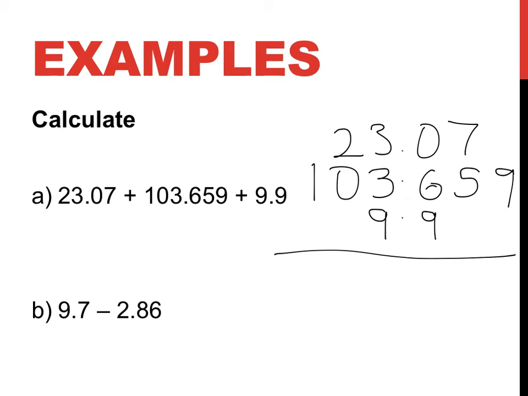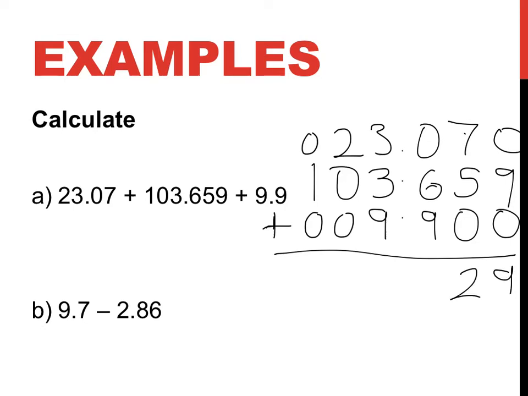If it helps you at this point, you can fill in the zeros for anything that's left blank. If not, it's all good. And it's an addition. So 9 plus 0 is 9. 7 plus 5 is 12. Carry the 1. 9 plus 6 is 15, add 1 is 16. Carry the 1 over there.